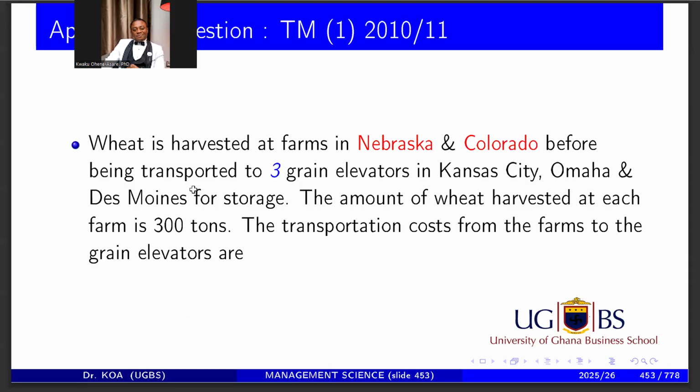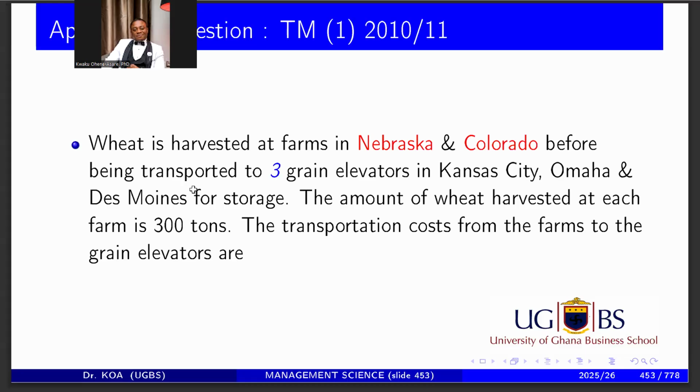That we didn't mention. Now we are telling you that Nebraska and Colorado is where the farms are. So the wheat is actually transported from the farms to the grain elevators, and from the grain elevators they go to the final destination, which in this case is the demand.